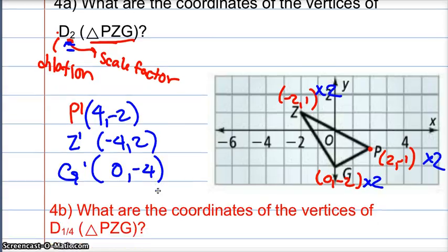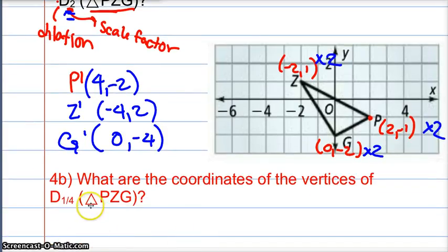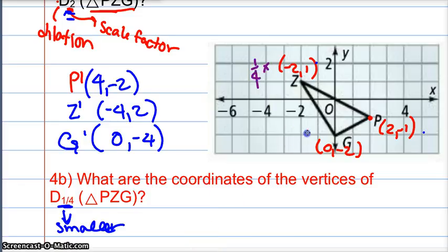Problem 4B, it's asking for what are the coordinates of triangle PZG again, but this time the dilation is a factor of 1/4, meaning that this time it's getting smaller. So if we take these exact same ordered pairs, and if we were to dilate all of them by scale factor of 1/4, you'd be multiplying these ordered pairs by 1/4.